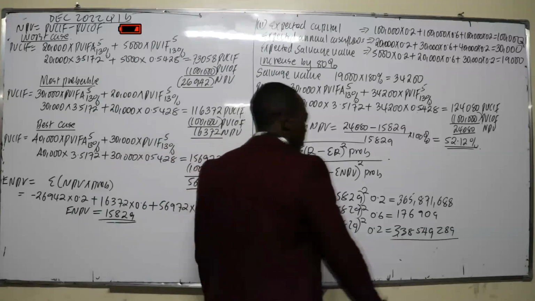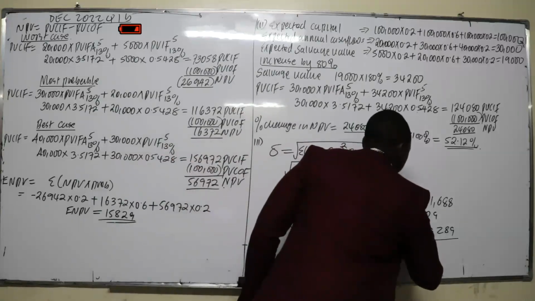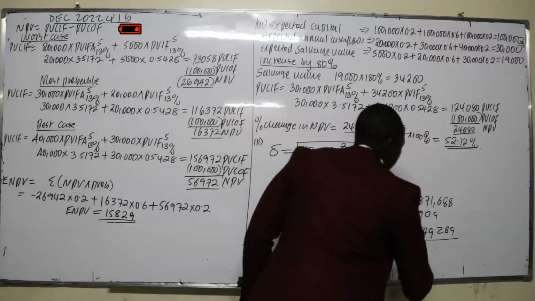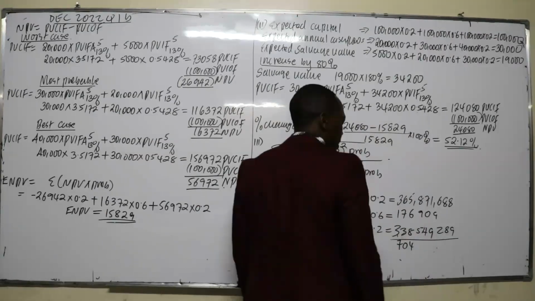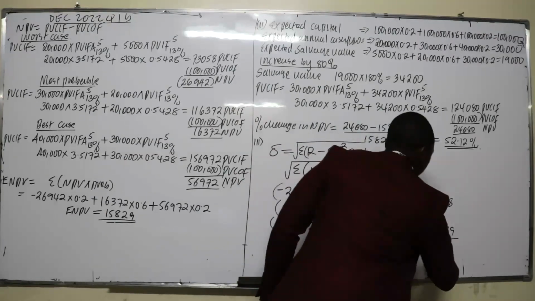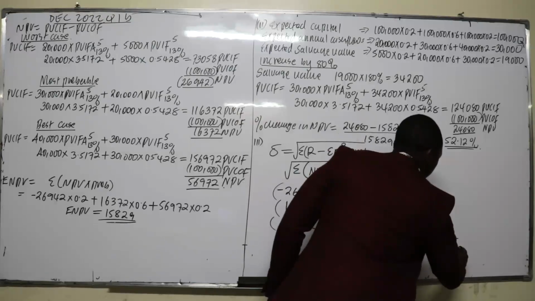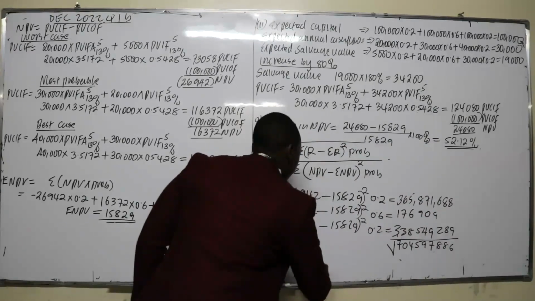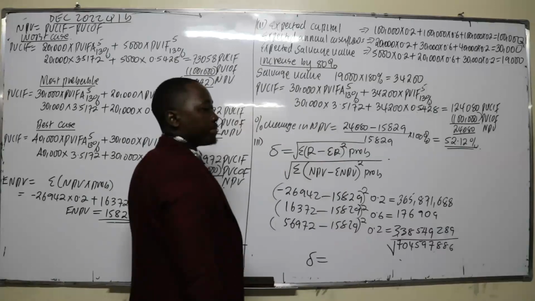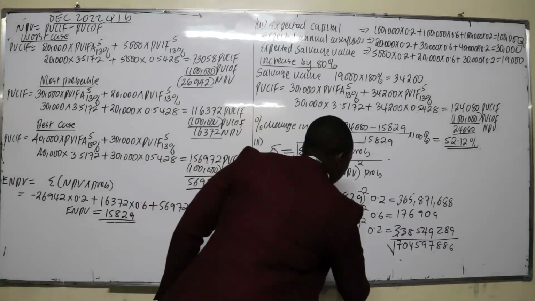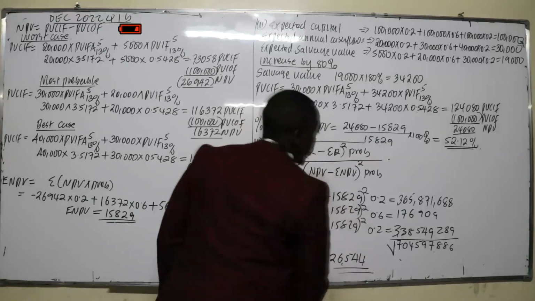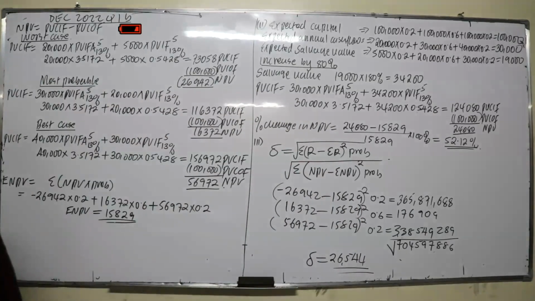You get 7 what? Good. Get the square root of the answer. 540. Good. As simple as that.